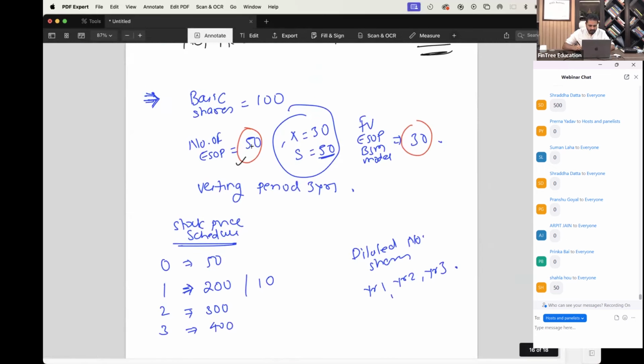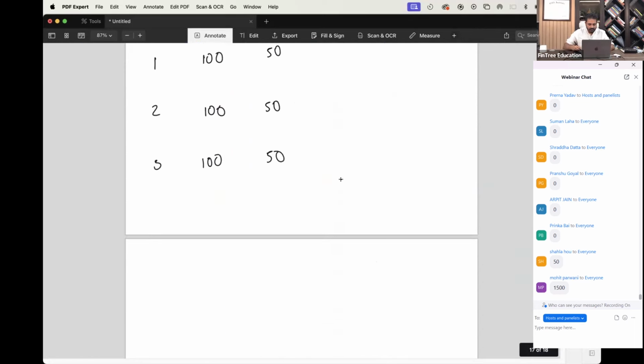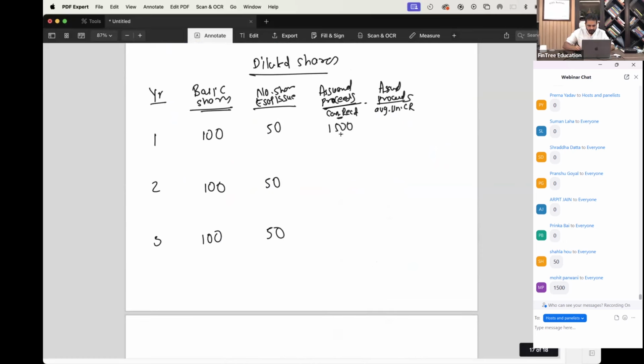Your employee will come to you and say, please take this strike price of 30 from us. We'll give you this 1500. Please give us a share. So cash received from employee is 1500, and that doesn't change.